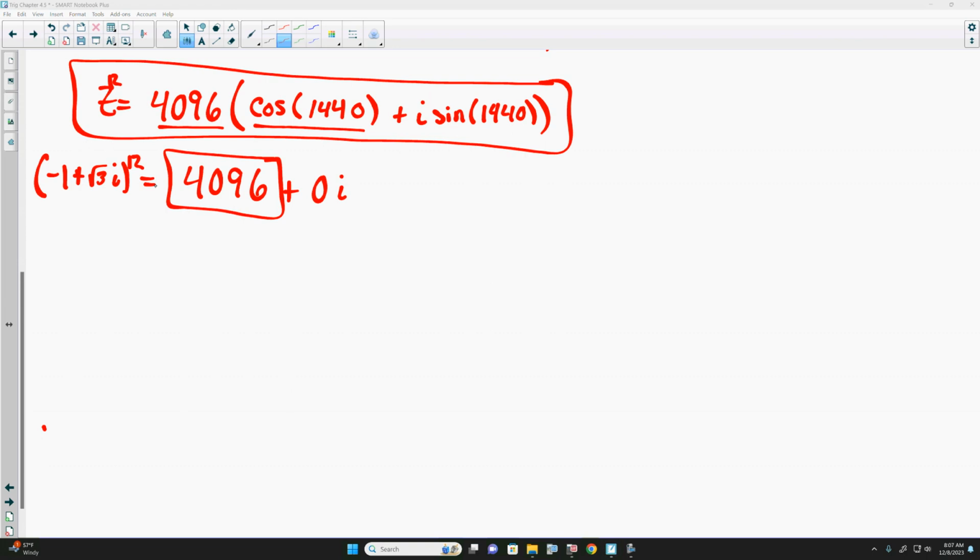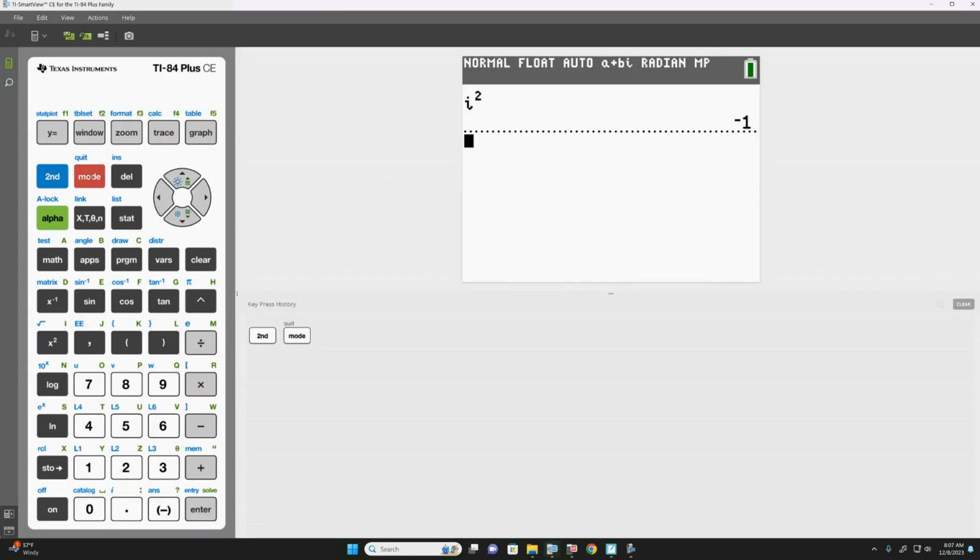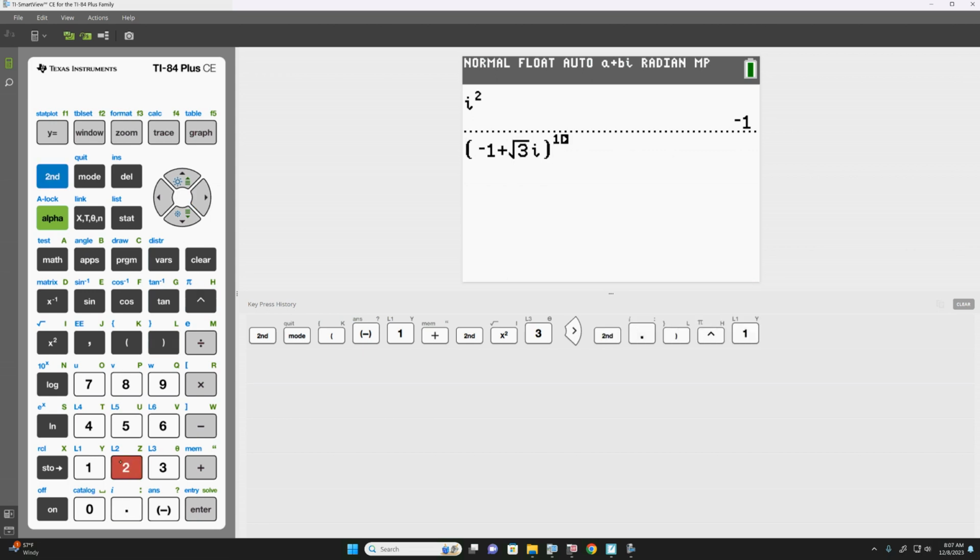And knowing that, well, apparently the graphing calculator was not awake yet. Parentheses, -1 plus square root of 3i to the 12th. That's it. Now, it seems like we could have done that originally.